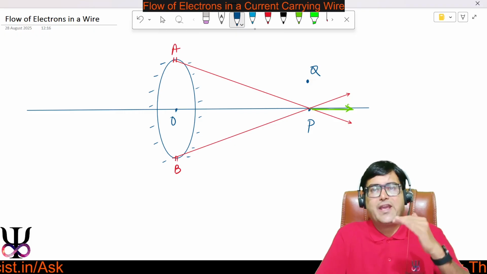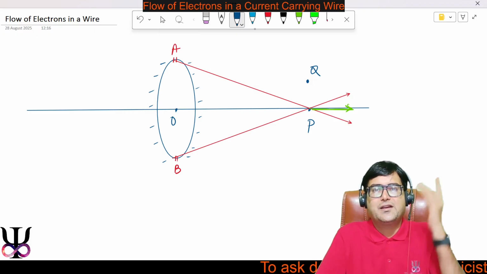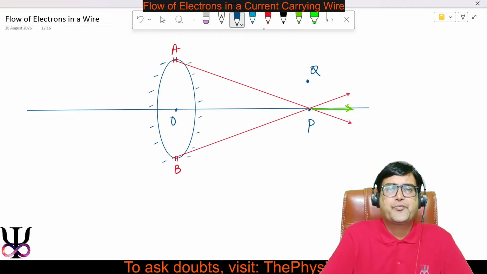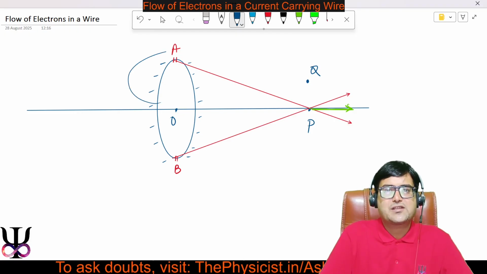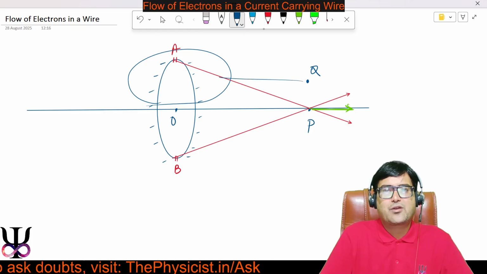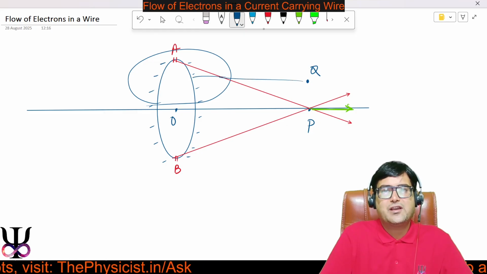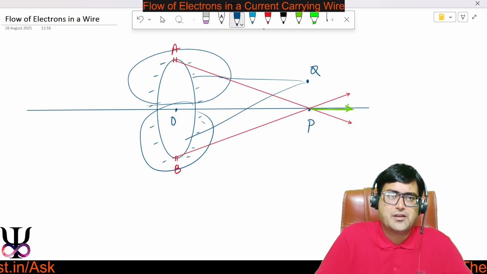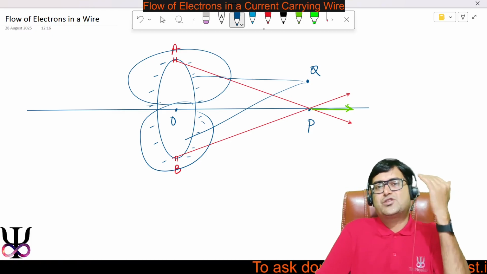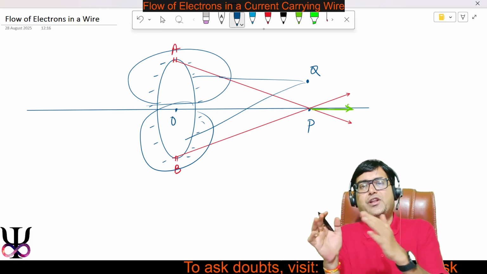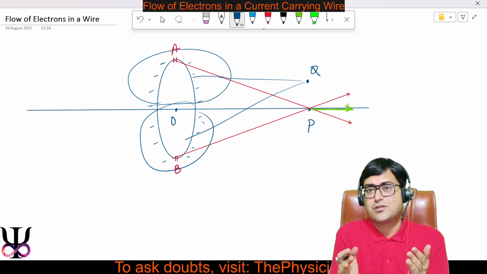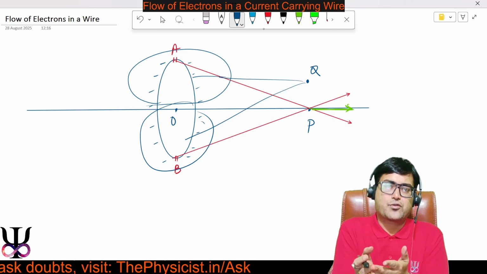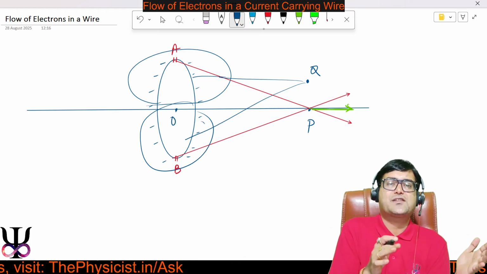Now if I choose a point Q, not on the axis, then what happens? This particular point Q will be closer to some of the charges of the ring and farther from other charges of the ring. But the charges that are closer to point Q will have a larger force because of the inverse square property of Coulomb's law than the charges which are farther away.